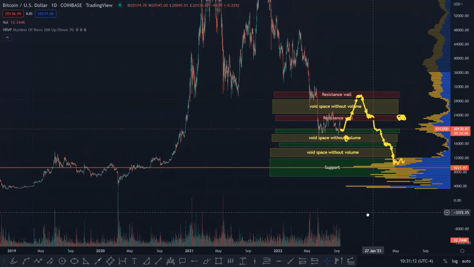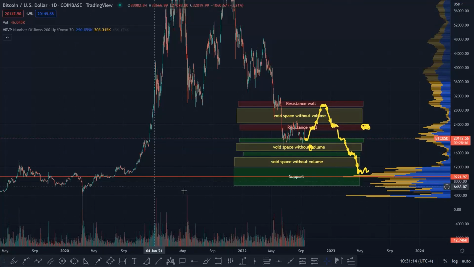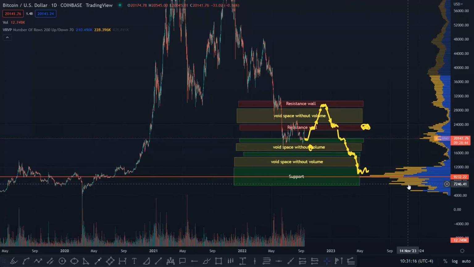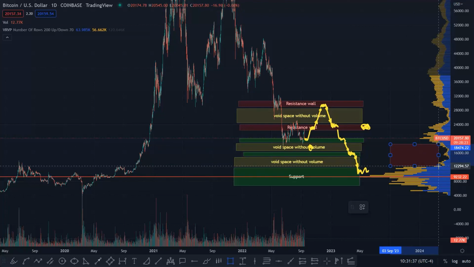And as you can see, we have a lot of volume around $12,000 to $10,000. Yeah, in this level we have a lot of volume here, and it can act as a nice and decent support here. Okay, you can say that approximately there is nothing between $17,000 to $12,000.